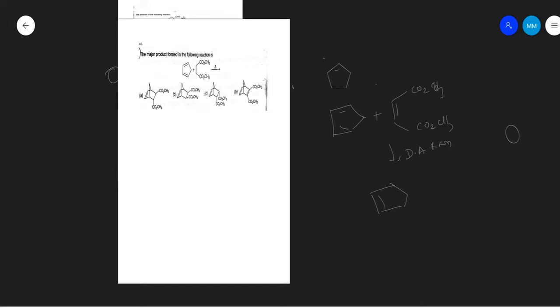So another bond reacts with the carbon. So you get this COOCH3, COOCH3. Or this may be written like this, a bicyclic compound, and here the dienophile is connected, COOCH3.